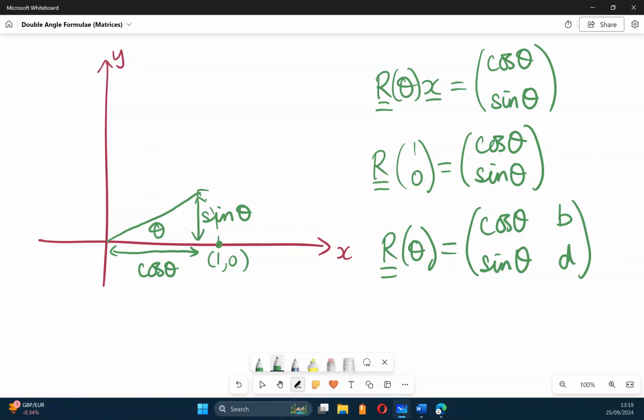So we know that when we rotate the point 1, 0 by an angle theta, we get this image, cosine theta, sine theta. So this must be the first column of our matrix. Now, what happens when I rotate the vector 0, 1 by theta anti-clockwise?